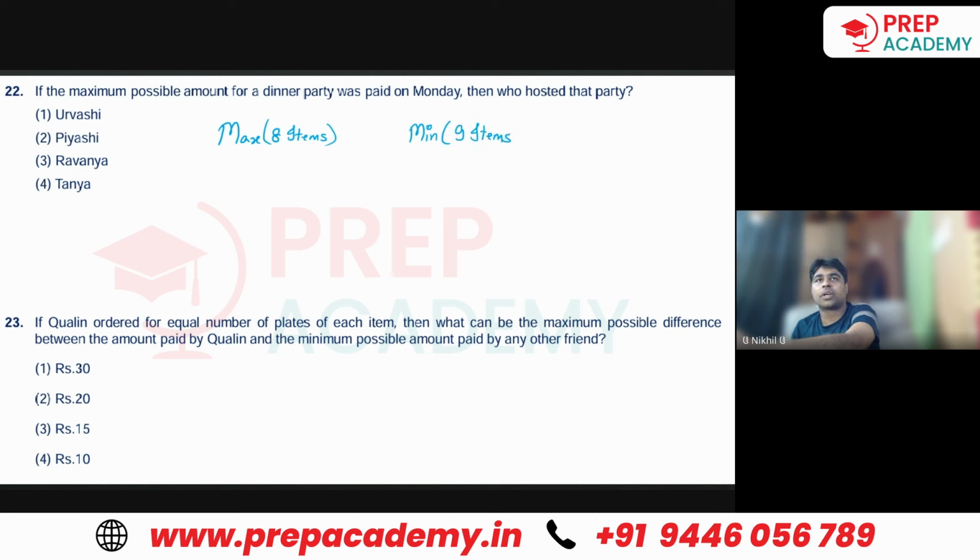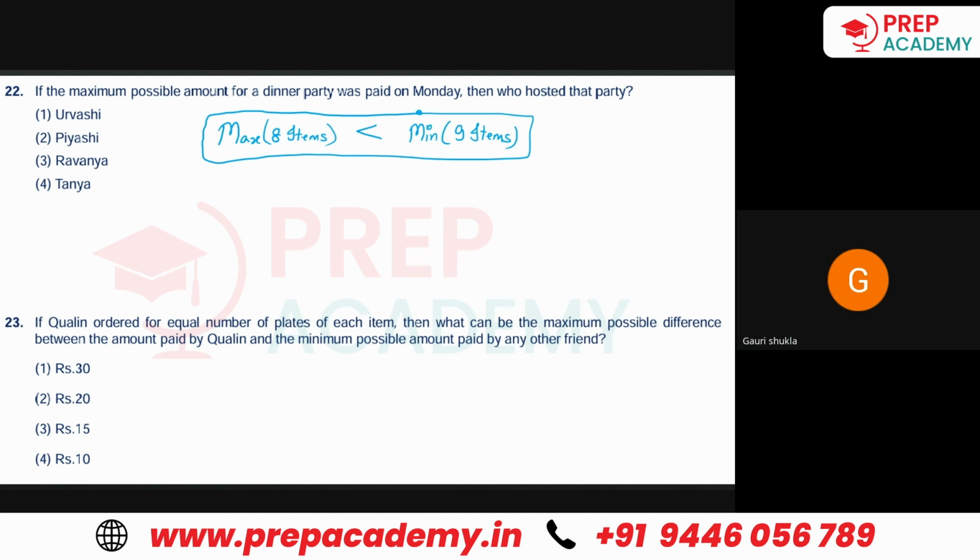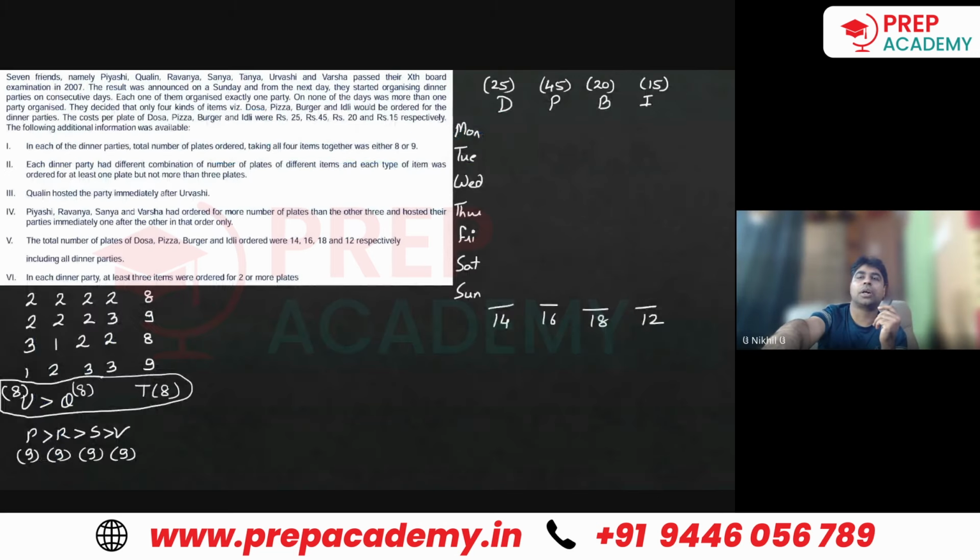If the maximum expense of ordering 8 items is even lesser than the minimum expense of ordering 9 items, then what you just said now would be true. That there's no possibility of ordering 8 items and making the cost to be maximum. Understood? Yes, sir.